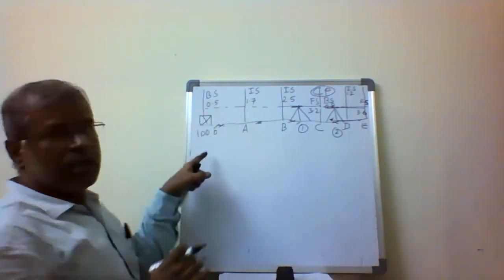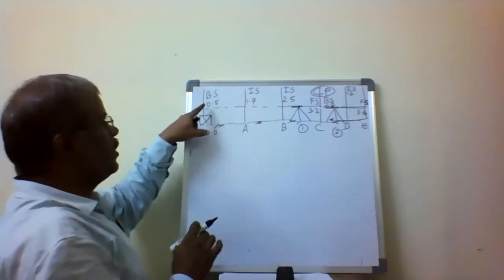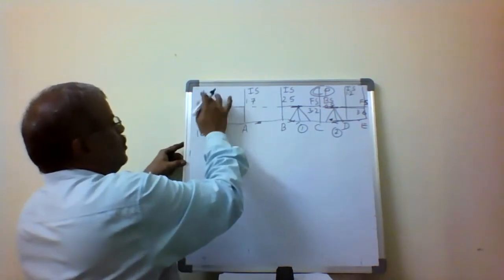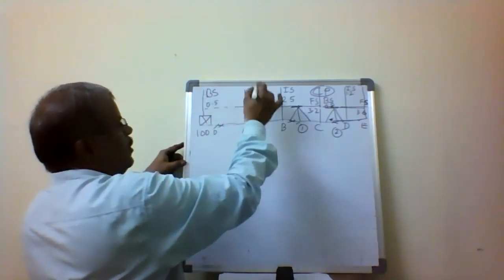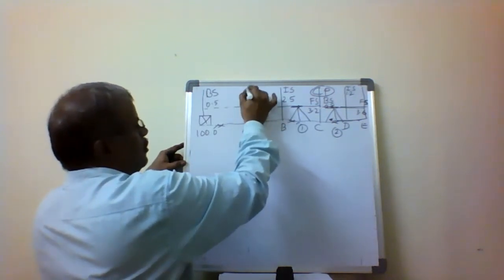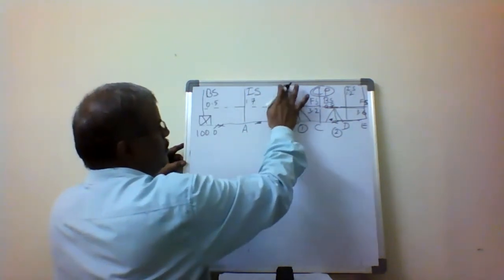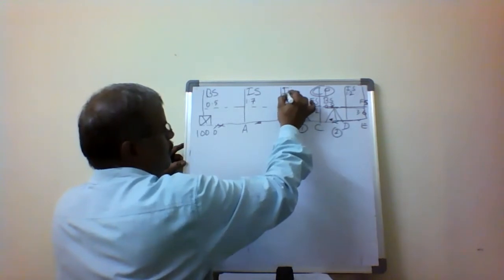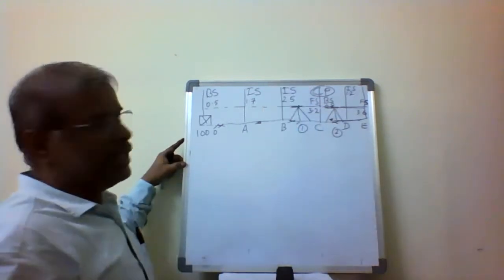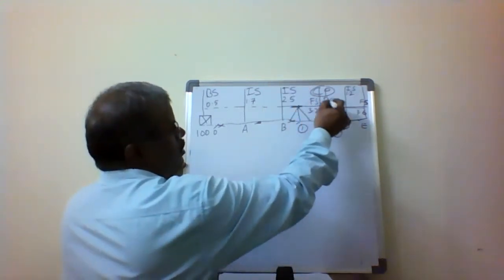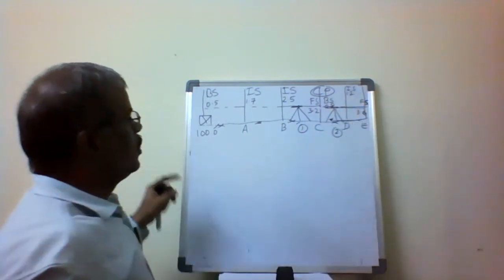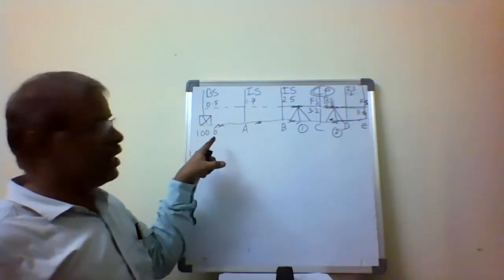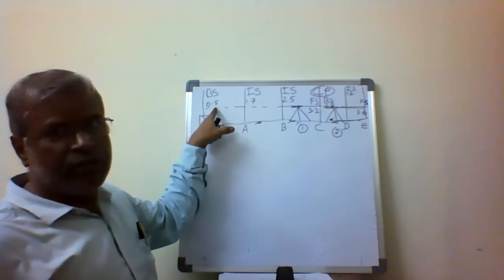The benchmark is given as 100. On the benchmark the staff reading, the backside reading, is 0.5.